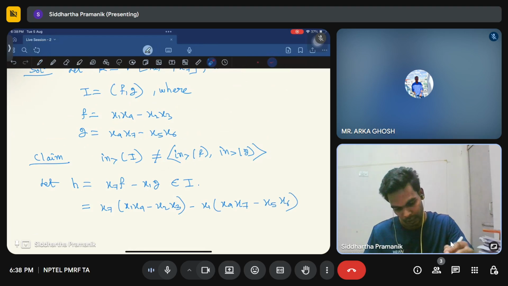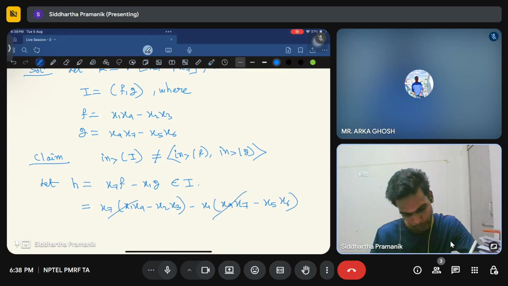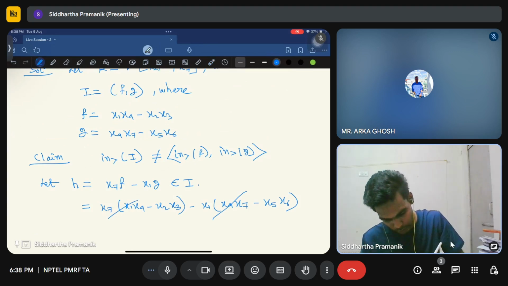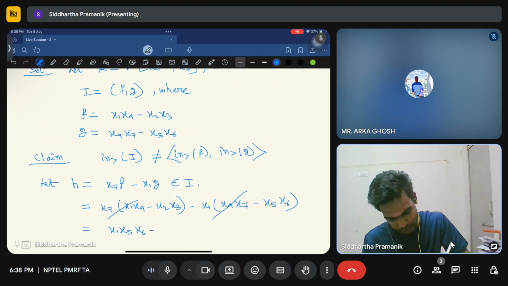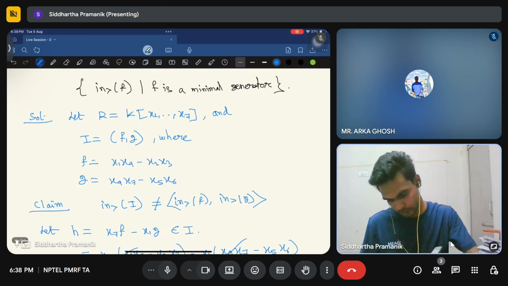It can be easily seen that this term and this term will cancel out, and the rest of the terms will survive. So this is basically x1 x5 x6 minus x2 x3 x7. Okay, so I forgot to tell about the monomial order.